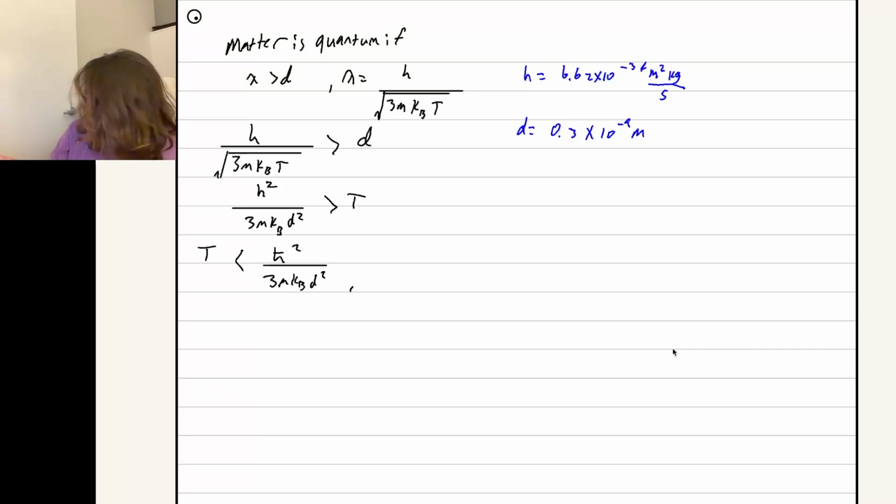So the mass that we're going to plug in is the mass of the electron, which is 9.1 times 10 to the minus 31 kilograms. And then we have finally the Boltzmann constant, kB, which is 1.38 times 10 to the minus 23 kilogram meters squared per second squared Kelvin.